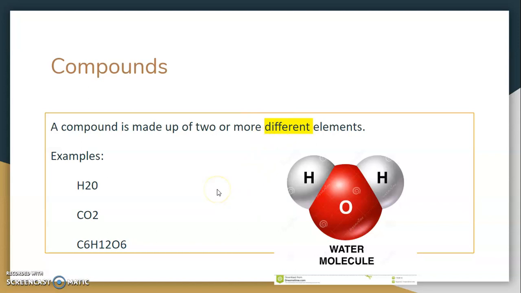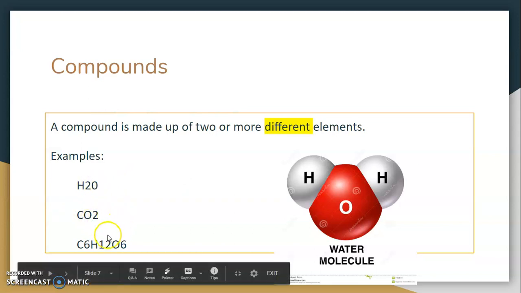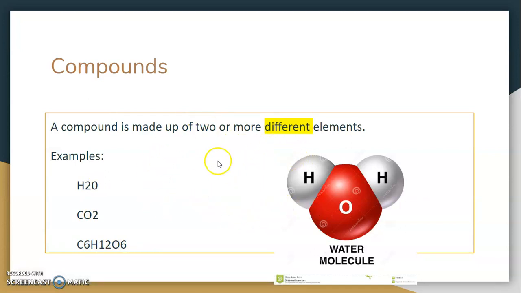So in this case, O2 or H2 is not a compound because that is 2 or more of the same element. So H2O is a compound, CO2 is a compound, C6H12O6 is a compound. Remember, all compounds are molecules, but not all molecules are compounds.